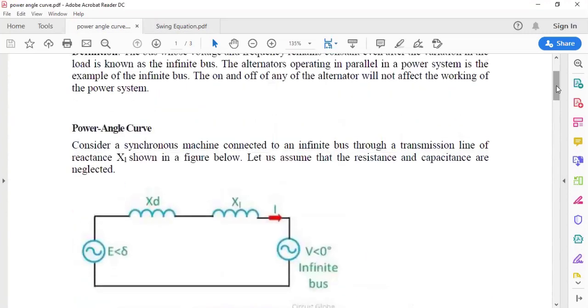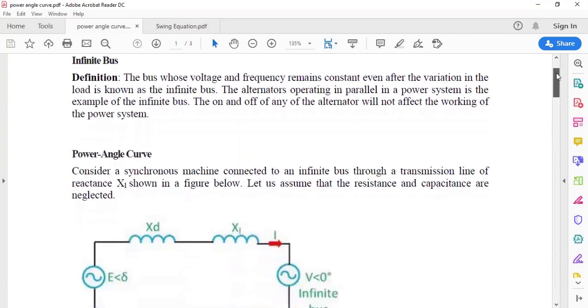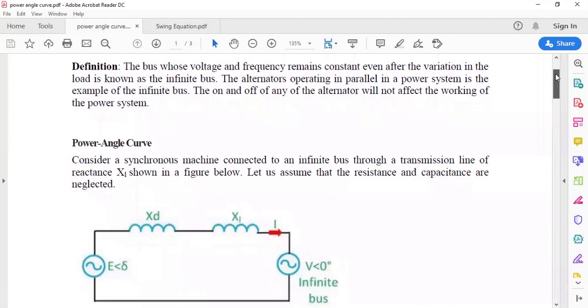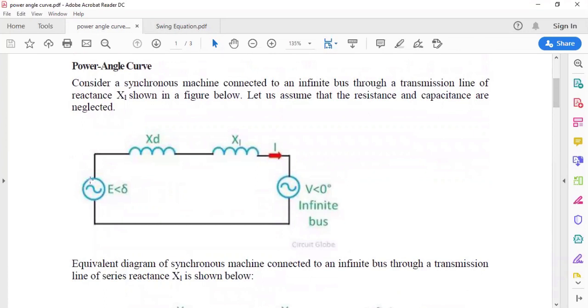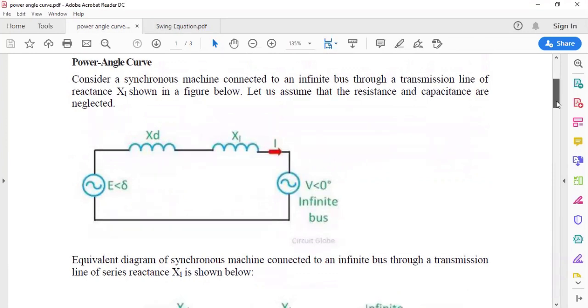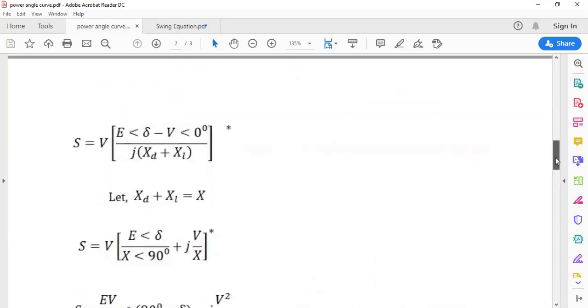This is basically the relation between the power and the angle delta. Here we have derived the relation for power transfer from this side to the infinite bus, and how we have done the procedure is already explained here.